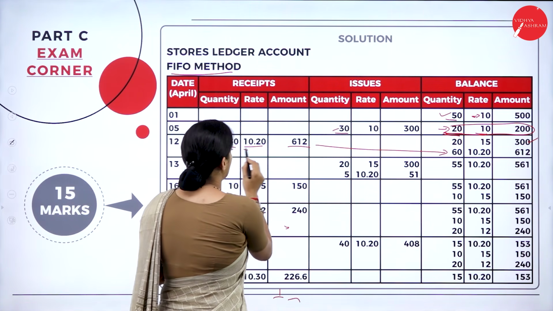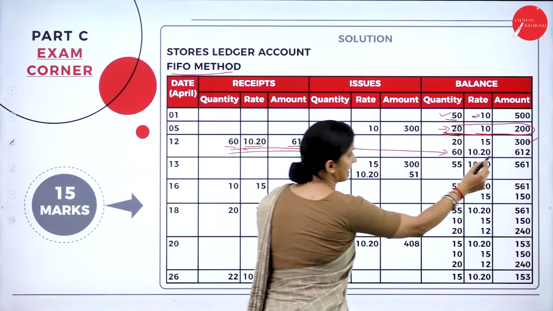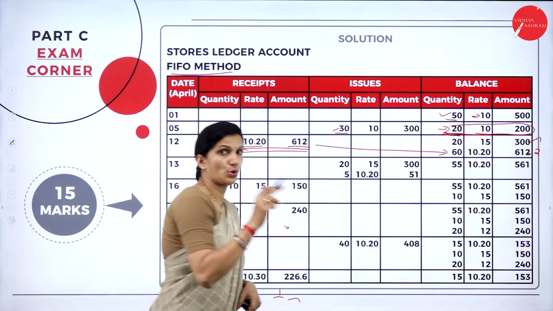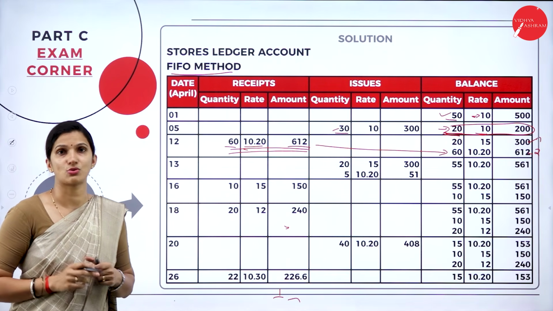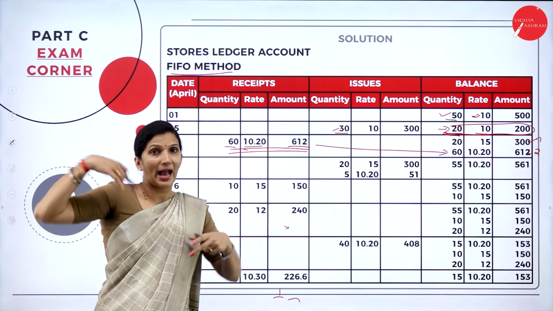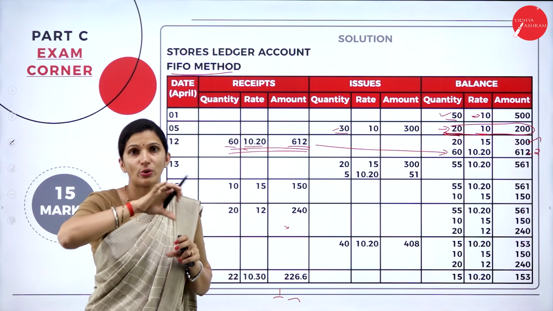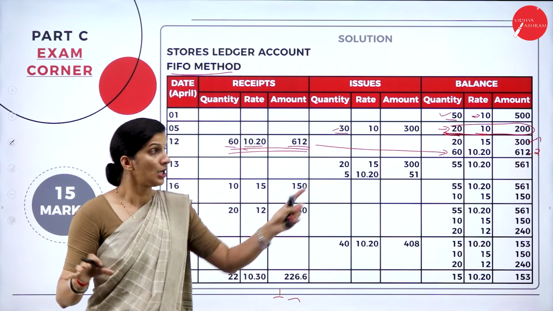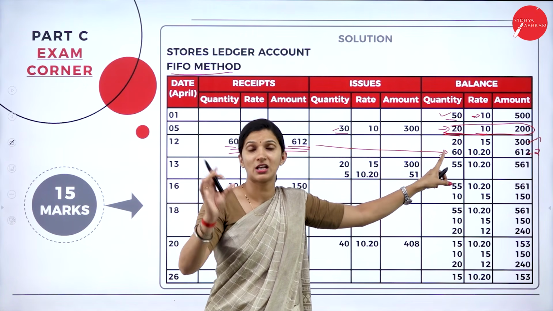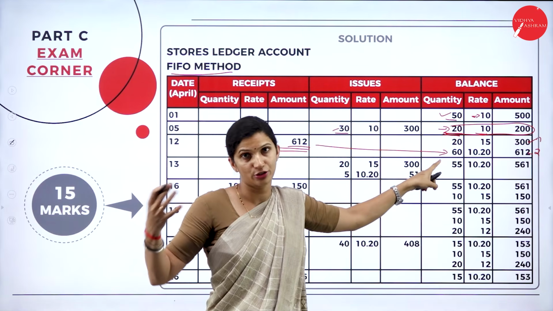This is lot 1 and this is lot 2, so you have 2 lots of balance in the storeroom. Whenever there is a purchase, you will not add it to the balance. You will just show it as a separate lot. So the previous day is lot 1 and now the purchase of 60 units will be kept as lot 2.